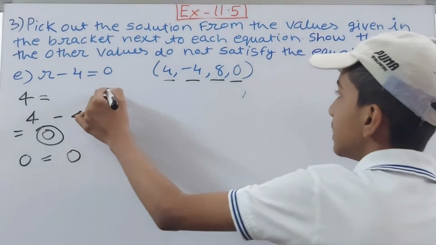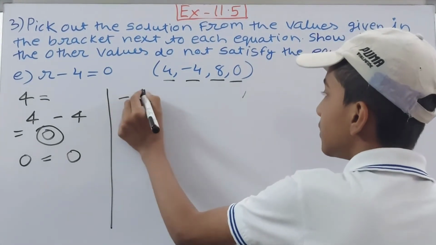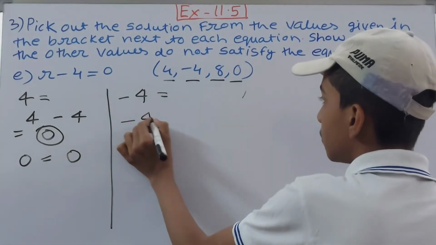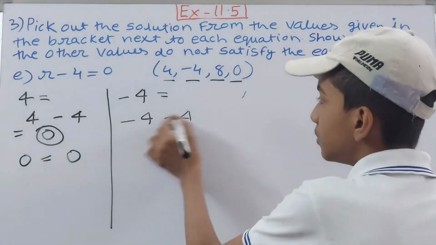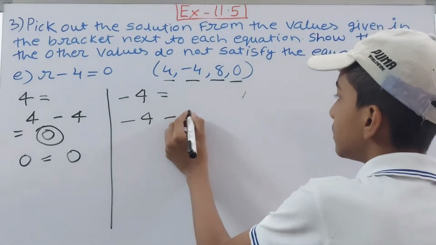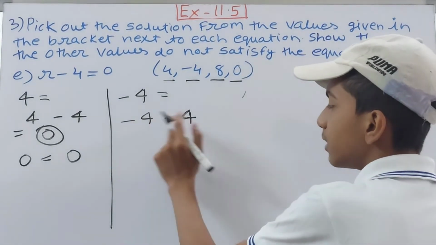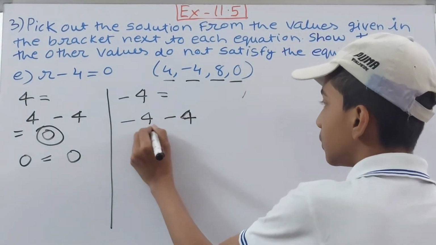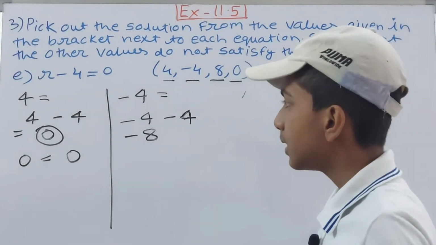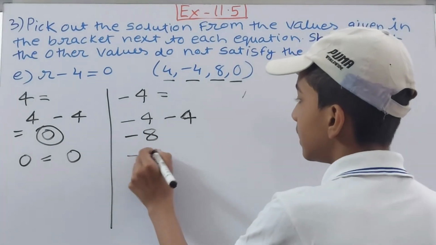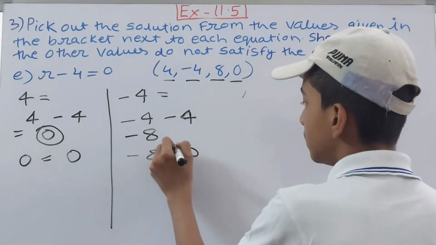Now next is minus 4. So that will be minus 4 minus 4. You see two numbers with the same sign here, so what we will do is add them. Minus 4 and 4 is 8, and put the sign, both of these have minus, so minus 8. Minus 8 is not equal to 0, right?